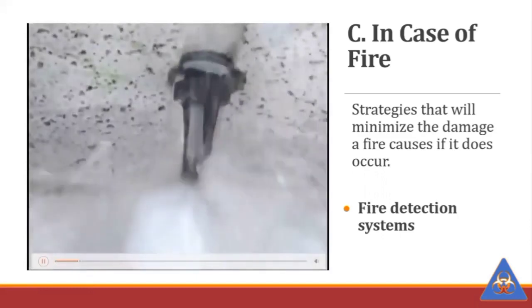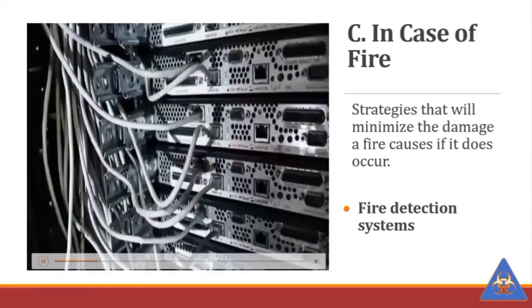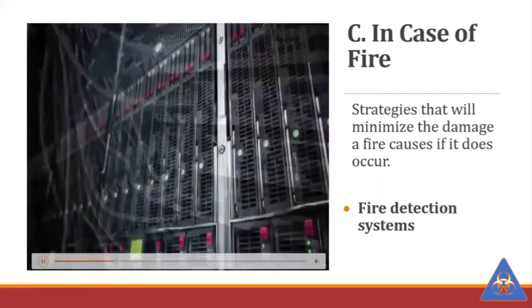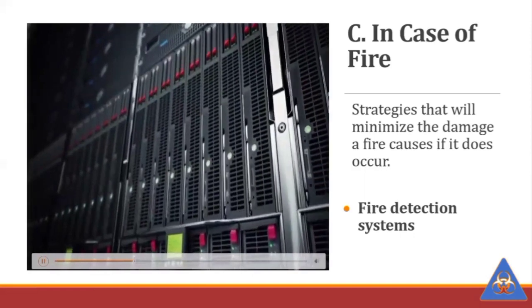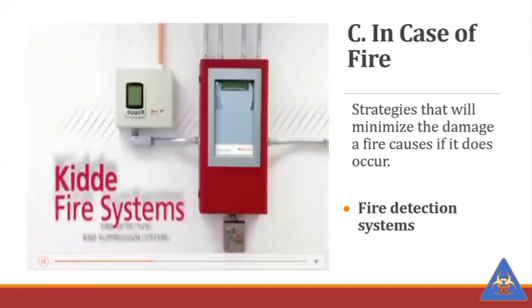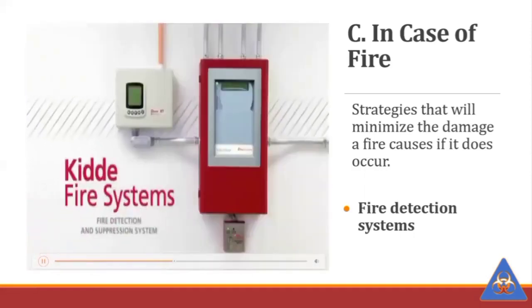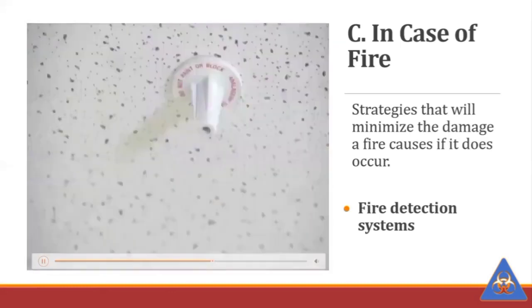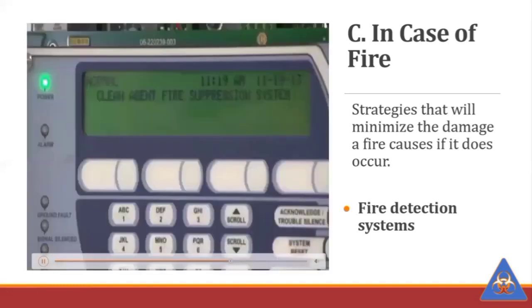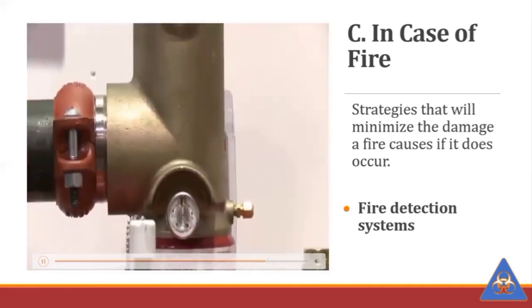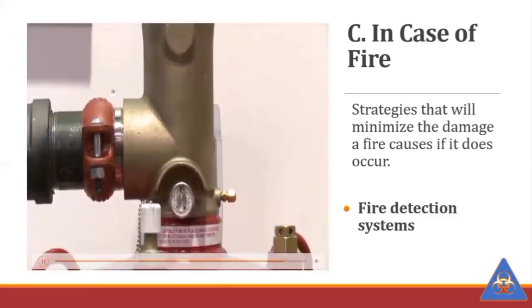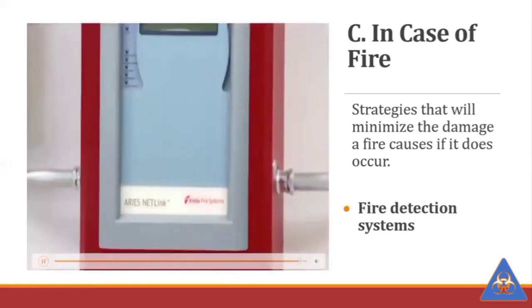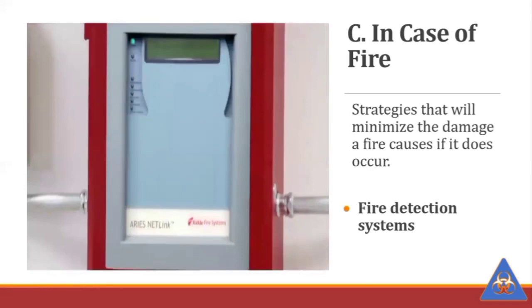Here is an example. The fire detection system will only activate when it receives indications of the possibility of a fire or the fire itself. That is the setup of a fire detection system.